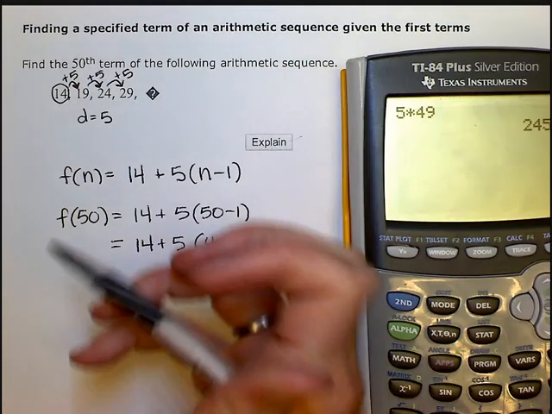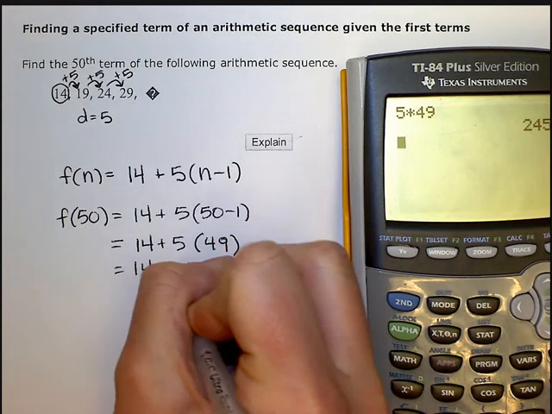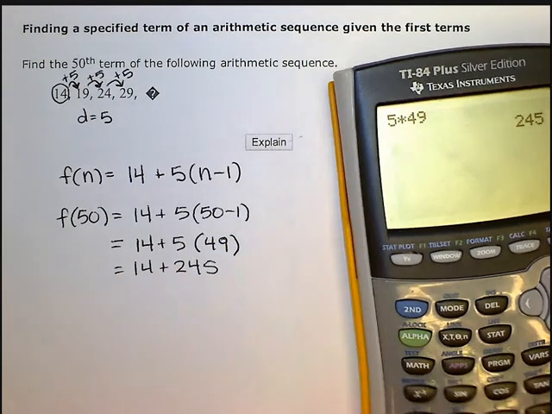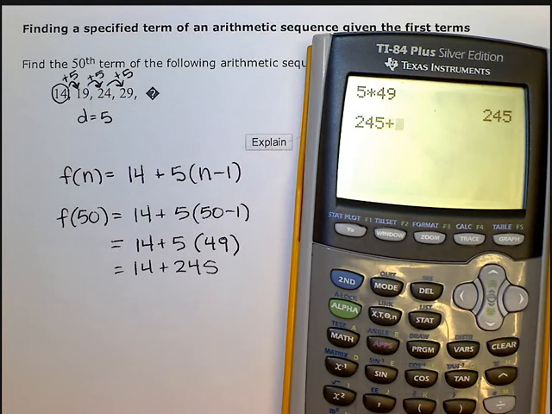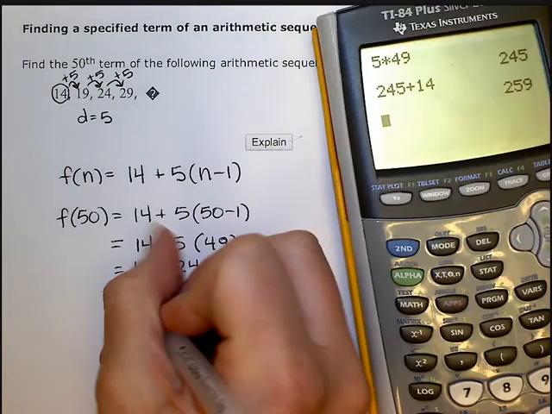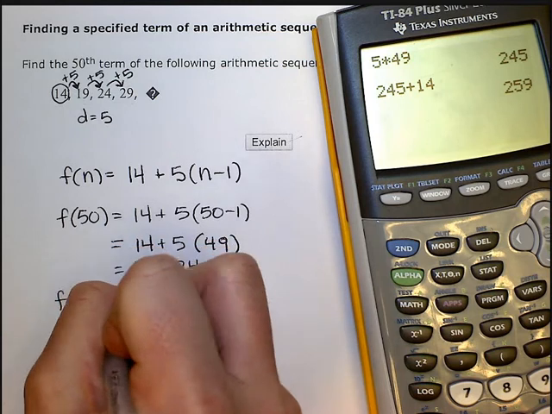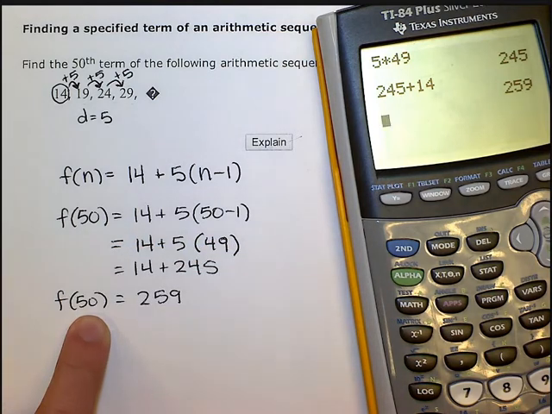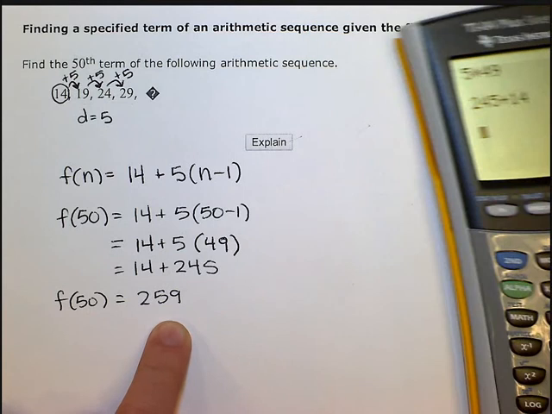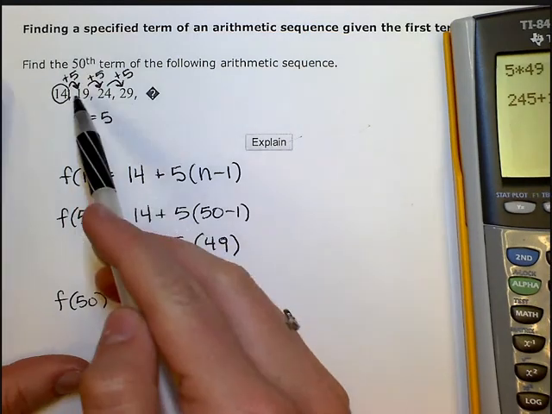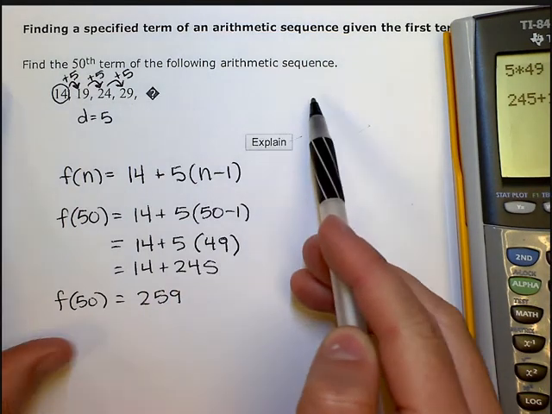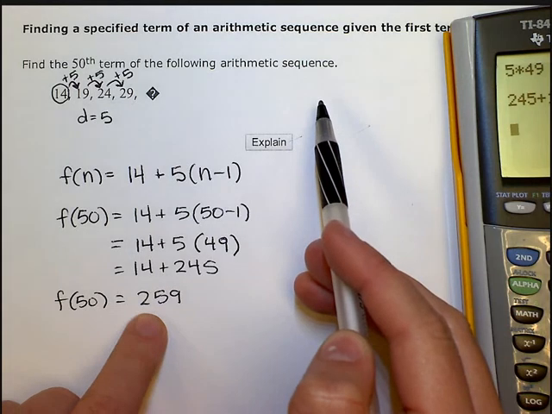So now I have 14 plus 245. So I'm going to add 245 plus 14, and I get 259. So f of 50, or the value of the 50th term of my sequence, is 259. So if I added 5 all the way out to 50, I would get 259 in the 50th spot. So this would be my answer.